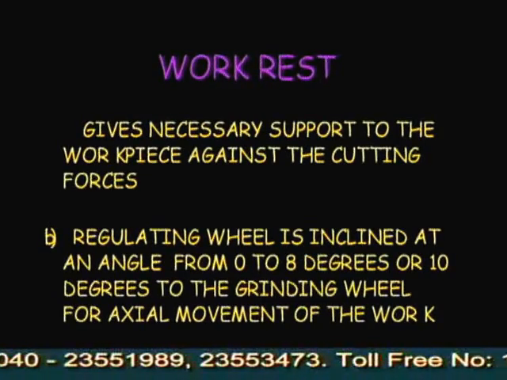The workpiece should move in the axial direction, so a certain angle, from 0 to 10 degrees, is given so that axial advancement can be done. Now, let us go for methods of supporting the work in a centerless grinder.